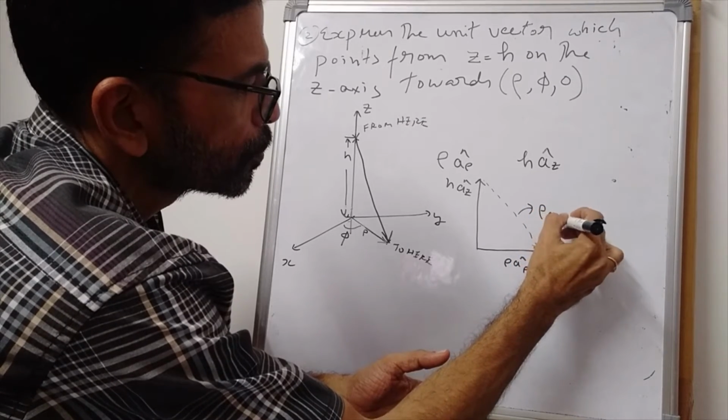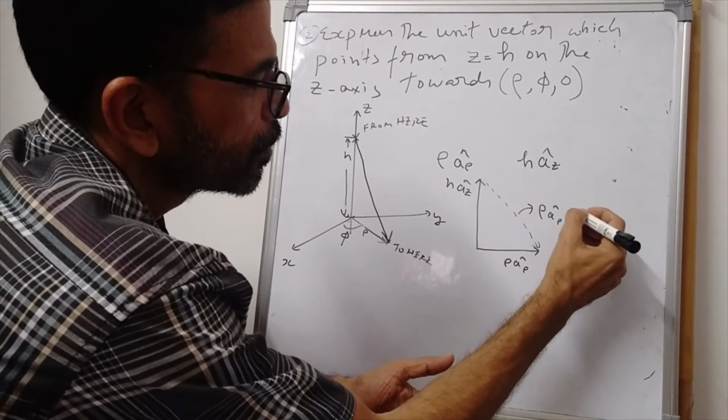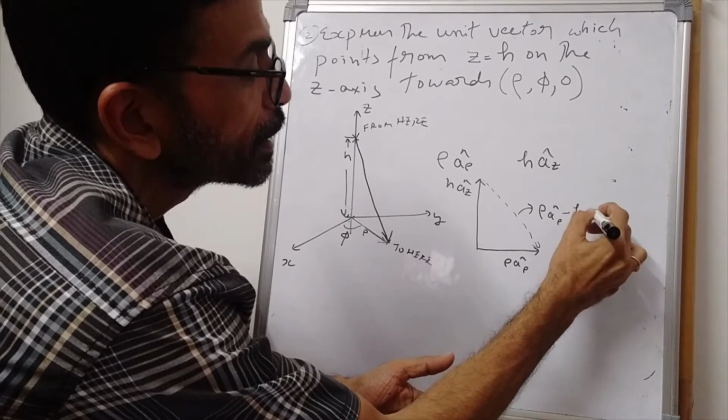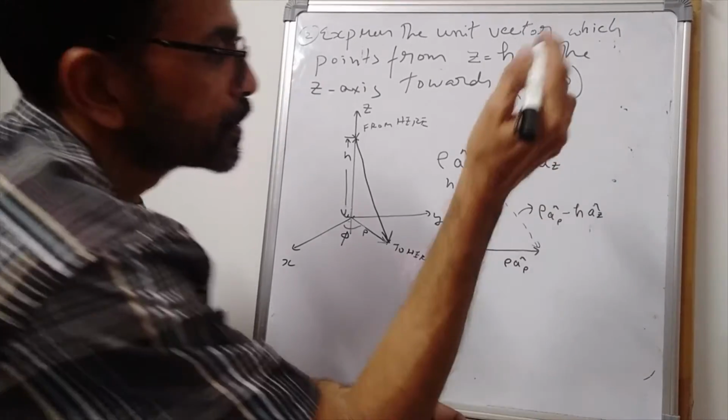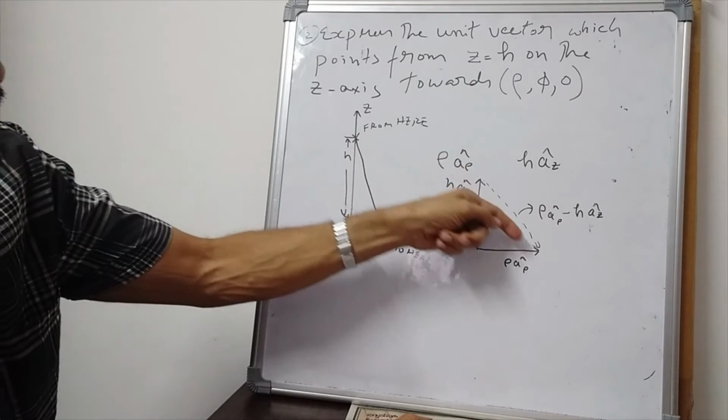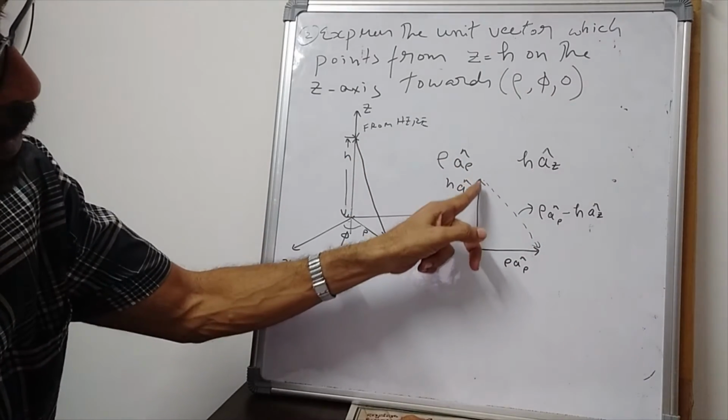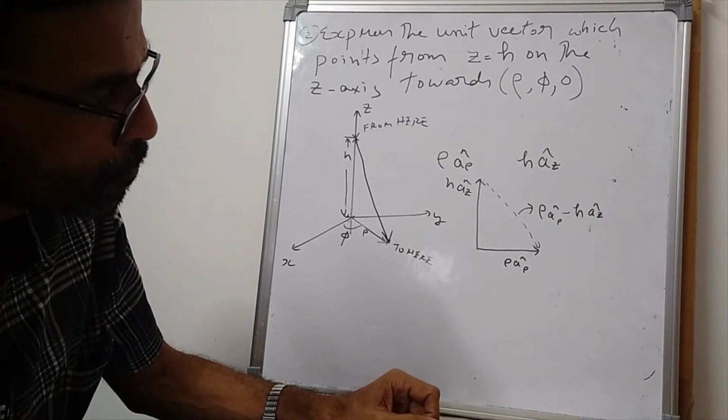rho arrow cap minus h az cap. You can see that this vector is rho arrow cap minus h az cap.